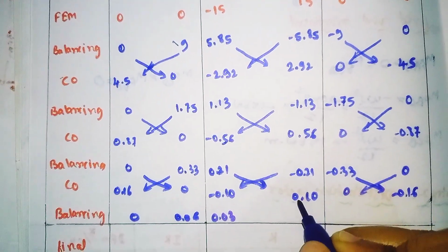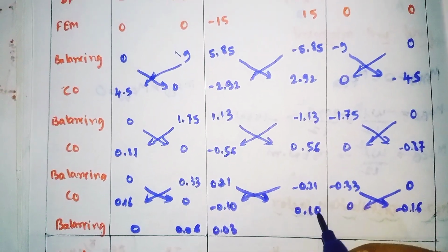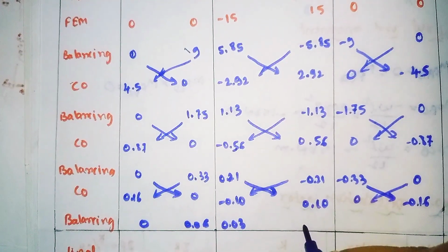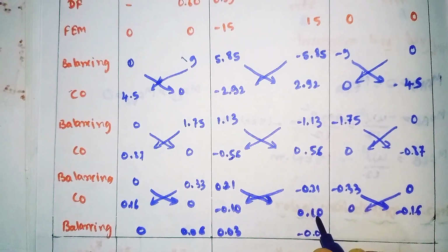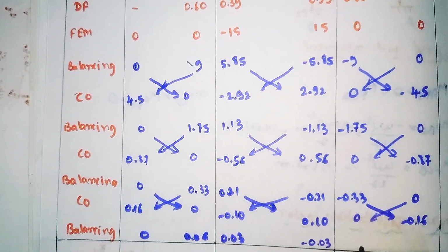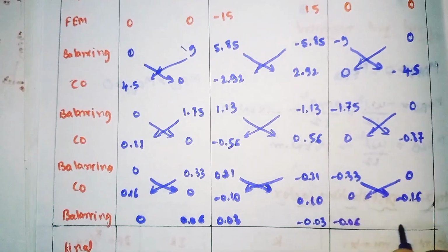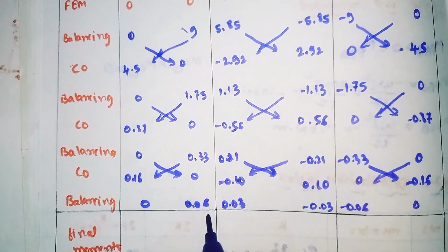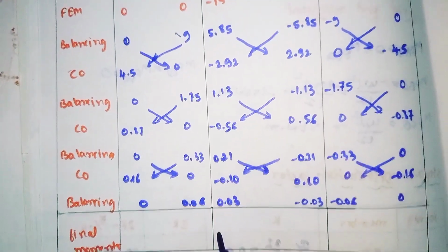Here also 0.10 becomes negative, that is minus 0.10 into 0.39, it will come minus 0.03. Here also minus 0.10 into 0.60, it will come minus 0.06. So here almost we got the value nearer to the 0. So now I am stopping here.